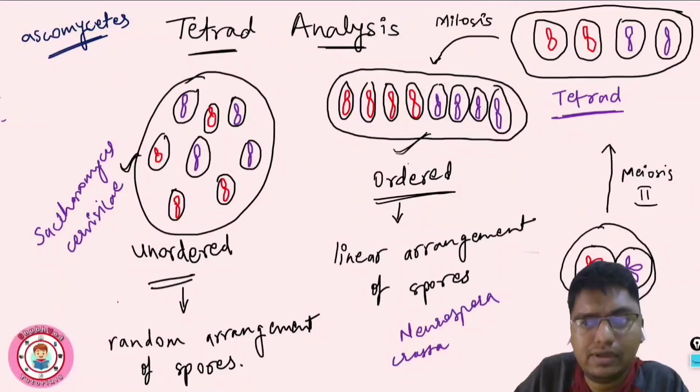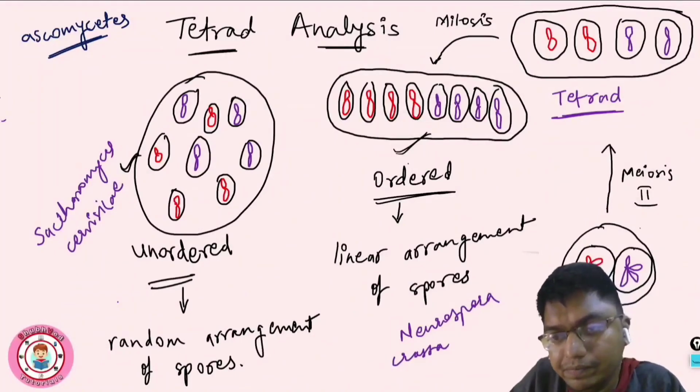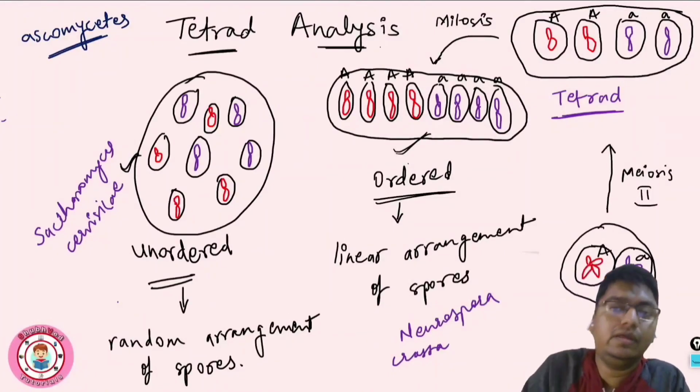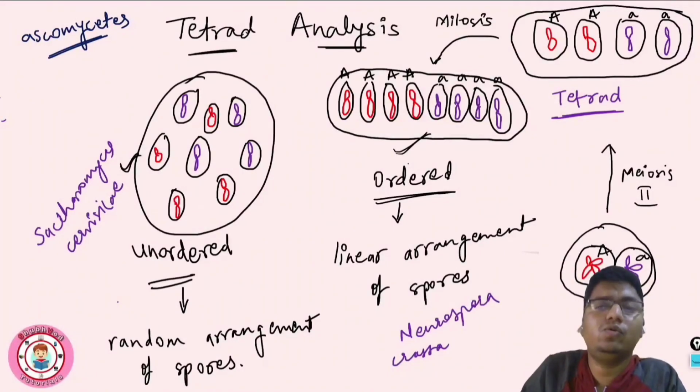Suppose these are the two genes: this is A gene here, red, and this is small a. After separation, and this is linear, this is A, this is A, this is small a, this is small a. All these are small a's in the octad, and here capital A. Mostly Neurospora experiments are done for analysis.